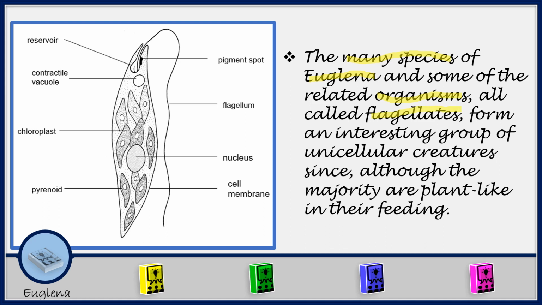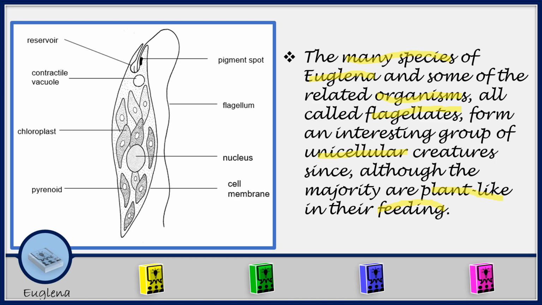They form an interesting group of unicellular creatures, although the majority are plant-like in their feeding. So here we are having our Euglena.